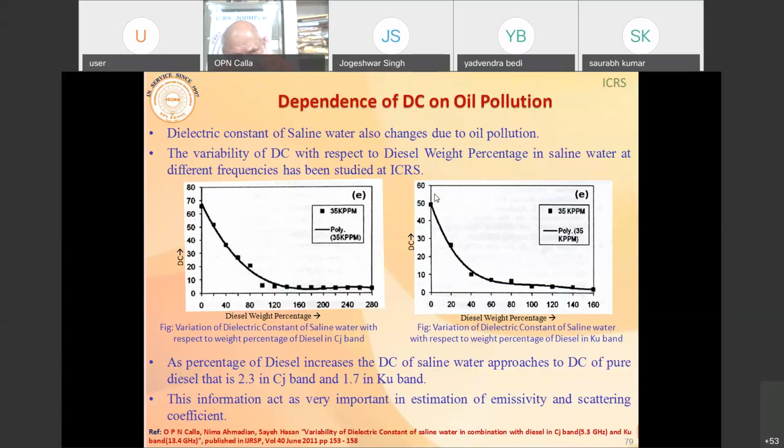We get from 50 to this one. That's the frequency in K band, and this is the frequency in the C band. Around 5 or 6 gigahertz, it's around 30 to 80 gigahertz. So again there is a difference. At lower frequency you get a larger dielectric constant, and at higher frequency, a lower dielectric constant.